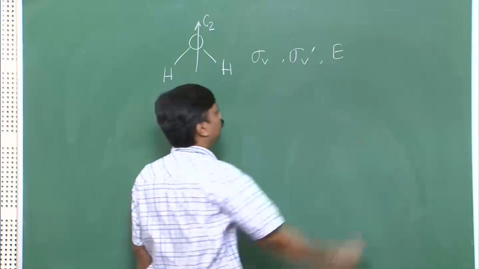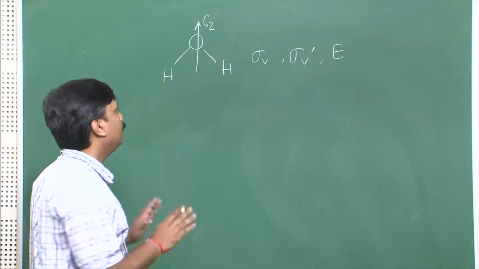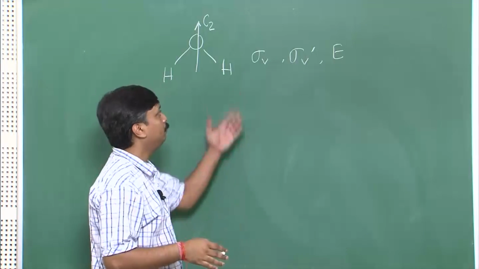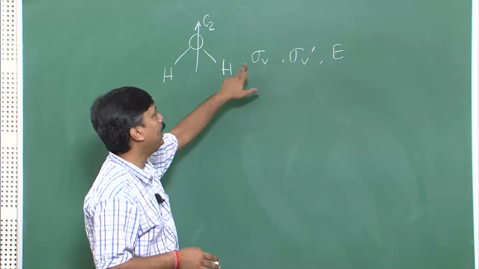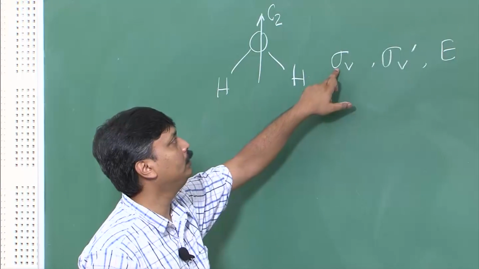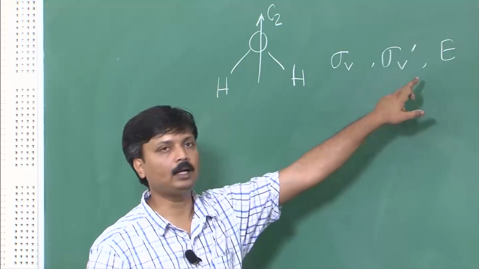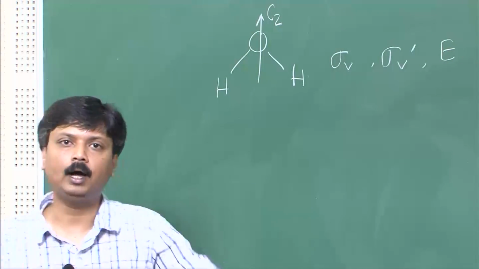If you try finding out, you will see that no other symmetry operations are possible, because all these are symmetry elements to start with. We located the symmetry elements, and the symmetry operations generated by these symmetry elements are nothing but sigma v itself, sigma v prime, identity, and C2, because if you operate C2 twice, it will give you identity.